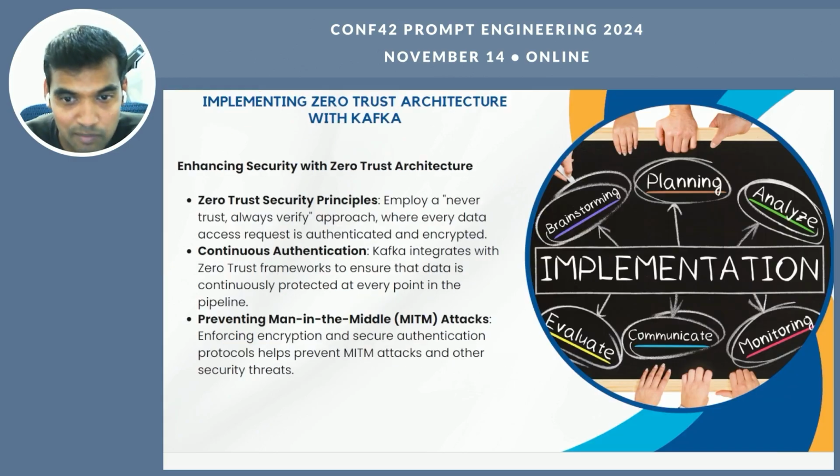Let's talk about implementing a zero trust architecture with Kafka. Implementing zero trust architecture with Kafka is essential for securing data flows in real-time applications and distributed systems. Zero trust assumes that every user, device, and application inside or outside the organization should not be trusted by default.